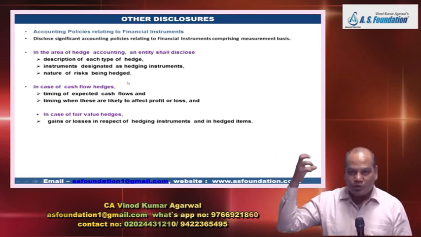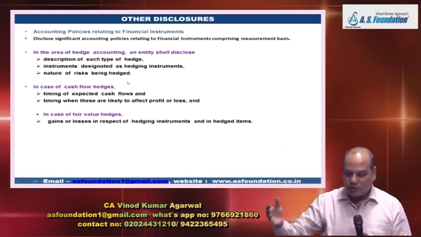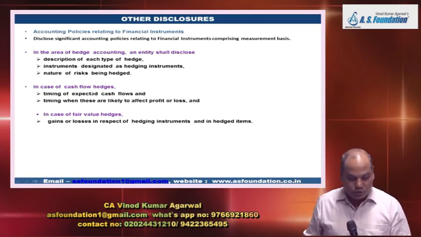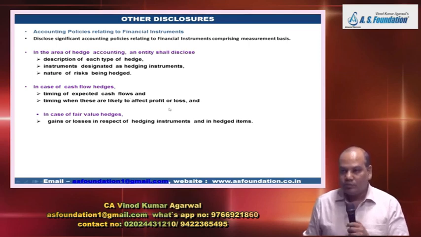The users also get to see all these disclosures. In case of cash flow hedge, disclose timing of expected cash flow and timing when these are likely to affect the P&L account. We have solved today many questions. In case of fair value hedge, gain or loss in respect of hedging instrument and the hedged item.